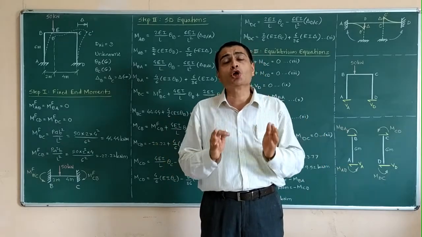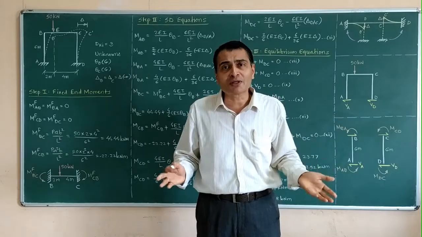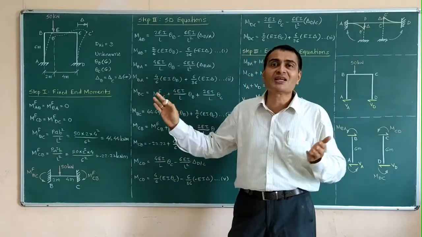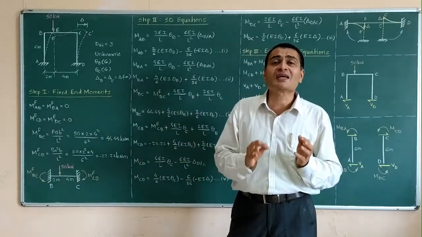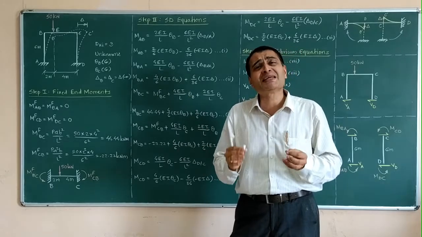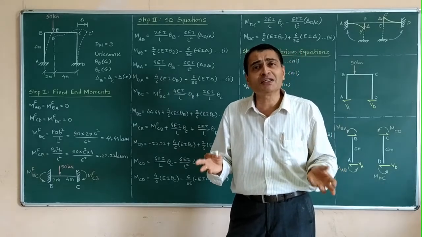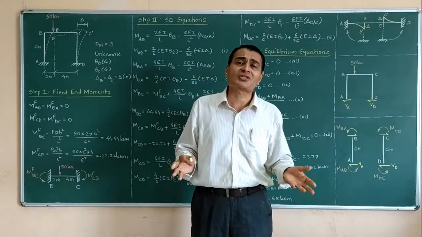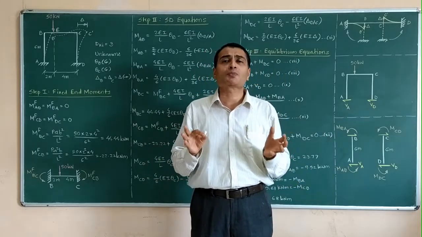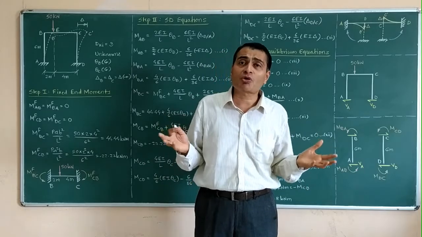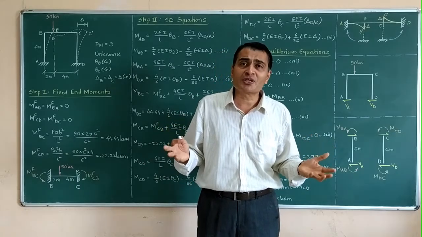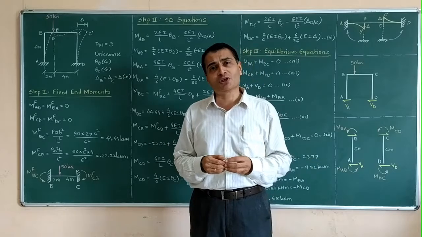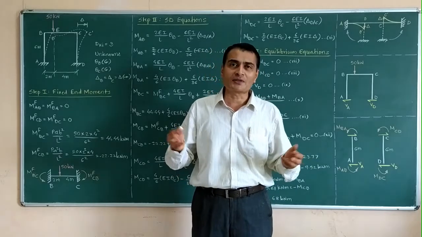You only have your non-programmable scientific calculators. So our problems in exams will be restricted to DKI 3, mostly DKI 2, degree of kinematic indeterminacy. But in practice or in consultancy offices, it is possible to solve problems with even a large number of degree of kinematic indeterminacy using slope deflection equations, using proper coding.